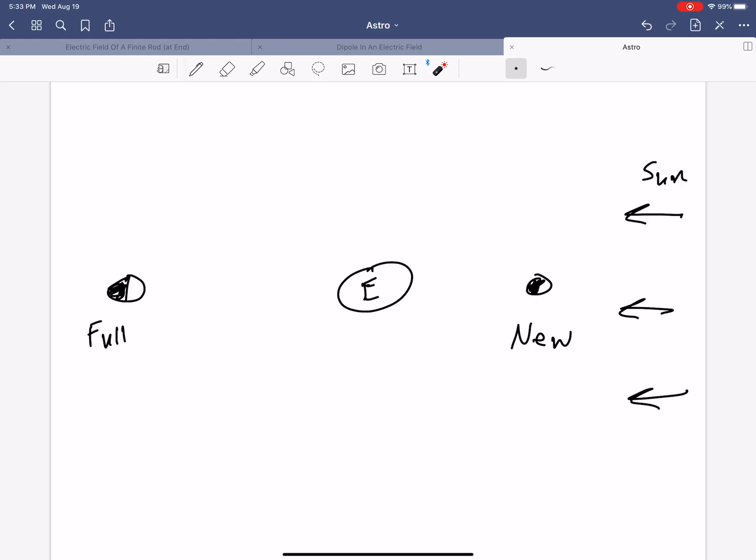For crescents, the moon is actually over here, and down here. From the Earth, this angle is greater than 0, like it was for the new moon, but it's not quite 90 like it will be for the quarters. So it's a small angle, so keep that in mind for the crescents.